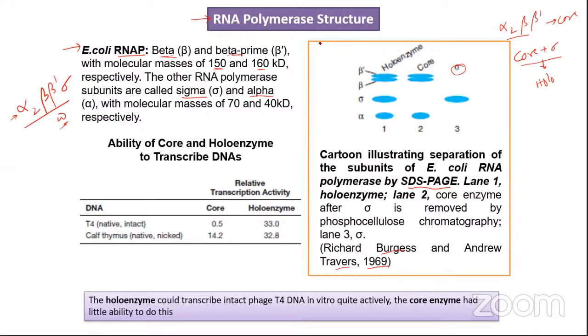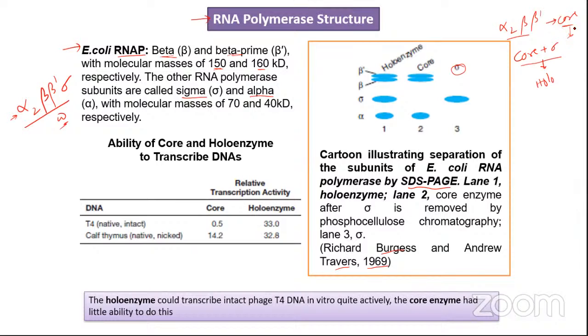Sir, core enzyme is without the sigma unit, with alpha 2 and beta prime, and holo enzyme is with the sigma unit. Okay. So all in all, it is named like this because this is the minimum composition of RNA polymerase that can still give you the activity associated with RNA polymerase.